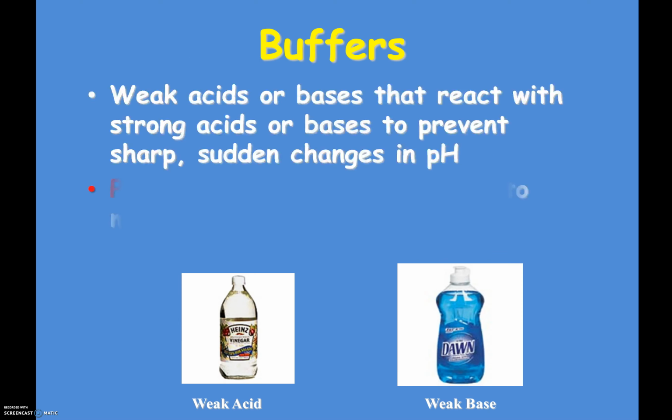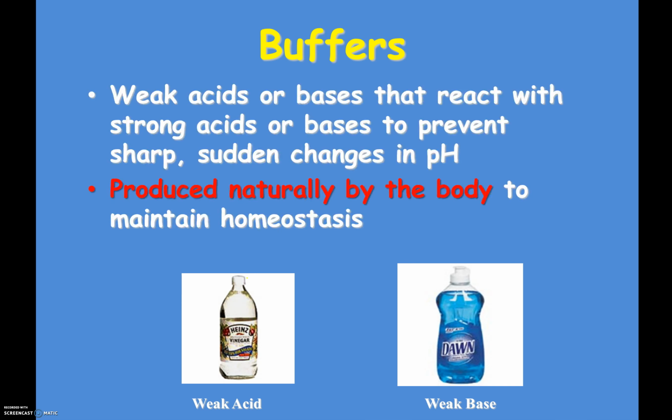Okay, last idea I need you to know about is an idea called buffers. Buffers are weak acids or weak bases. So a weak acid would be just a little bit below 7, so probably between 6.5 to 7, and weak bases would be between 7 to 8. They're found in ecosystems, they're found in our bodies, and what they do is they prevent sharp swings in pH.